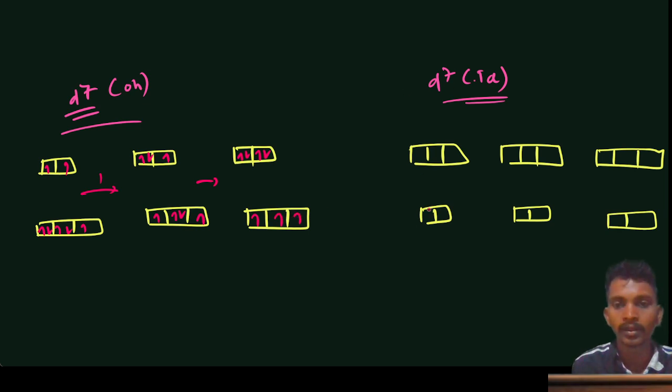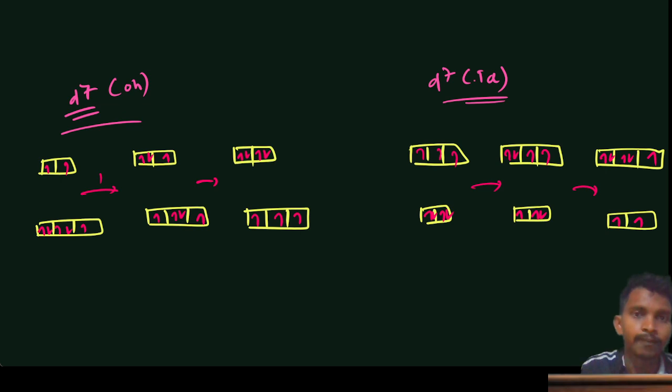Similarly for tetrahedral, 1 2 3 4 5 6 and 7. One transition I will do, 1 2 3, one I will do to the excited state, and another one I will do, then this will be like this, and this will be this.